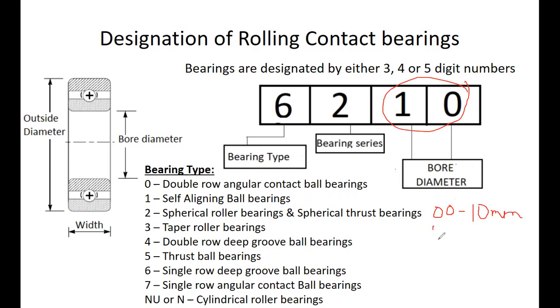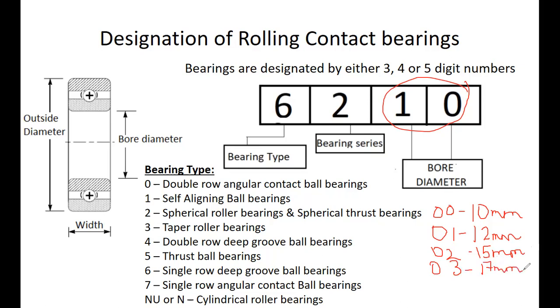If it is written 01, then it means that the bore diameter is 12 mm. If it is written 02, then it indicates a bore diameter of 15 mm. If it is written 03, then it indicates a bore diameter of 17 mm.